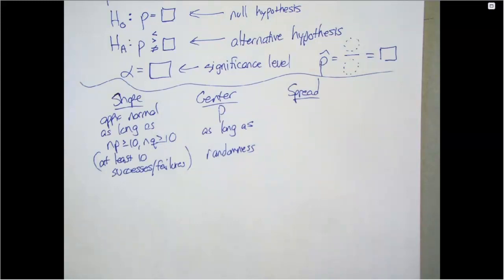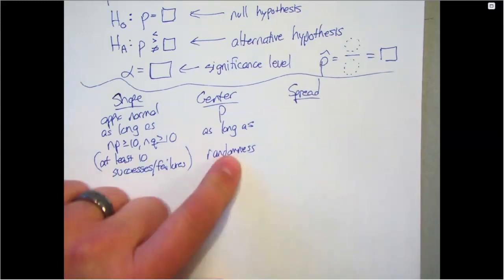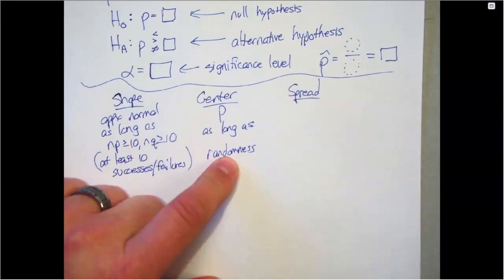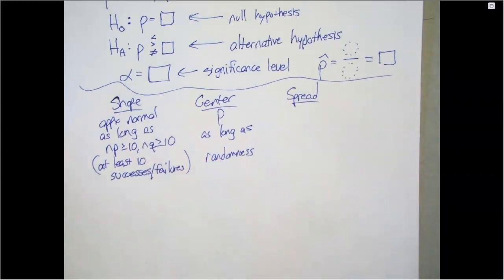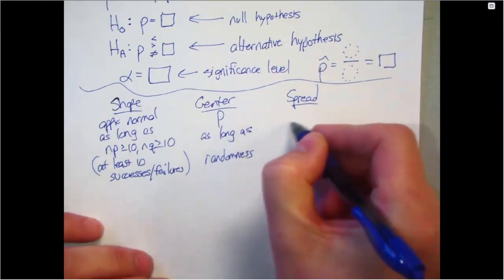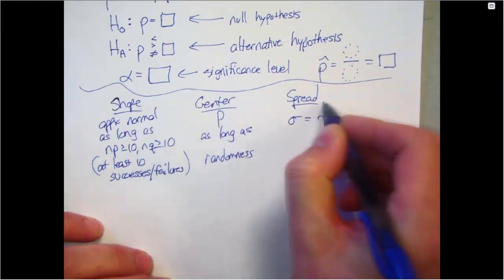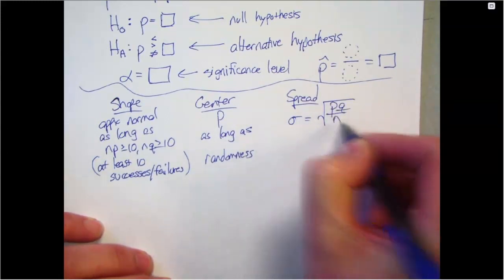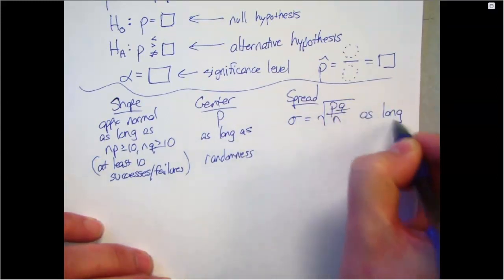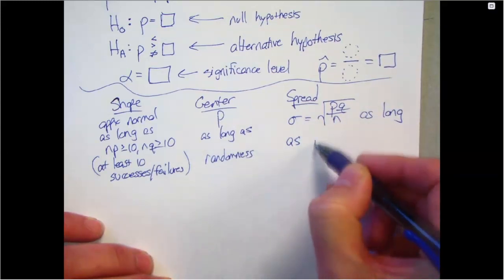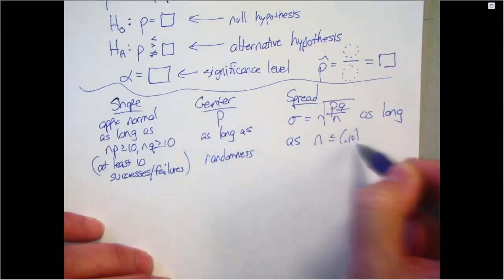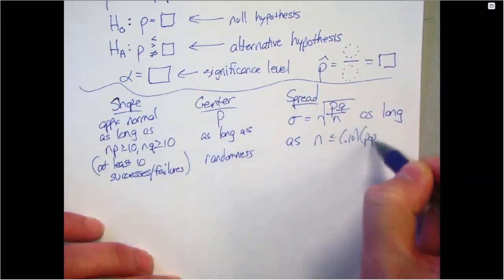If it's a free response, I would think it ought to be random. But if it doesn't say random on a free response, you should just put assume random and complete the process. And then the spread, so our standard deviation is the square root of PQ over N, as long as N is less than 10% of the population.